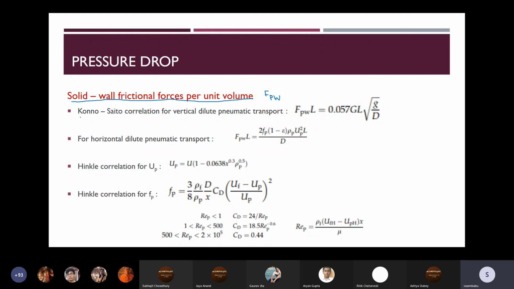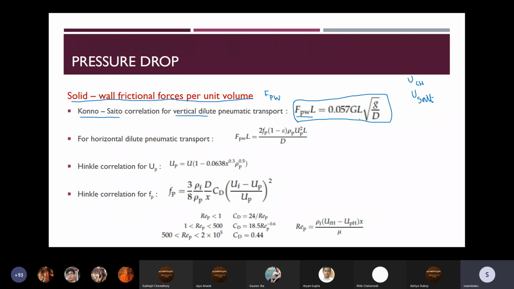Kono and Saito derived this correlation for vertical dilute phase pneumatic transport, so we will use it for vertical dilute pneumatic transport. So far I have shown the correlations for choking velocity UCH and for saltation velocity, and here I give the correlations for FPW.